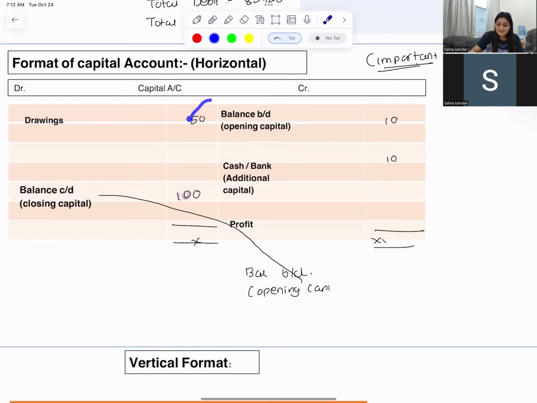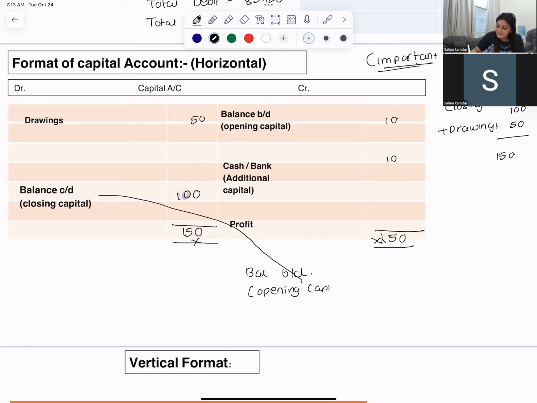So I will write this 150 on the debit side and the same on the credit side. So my debit side is made up of my closing capital, and in that I will add my drawings. So my total comes up to closing capital is 100. The drawings is 50. So this total comes up to 150.